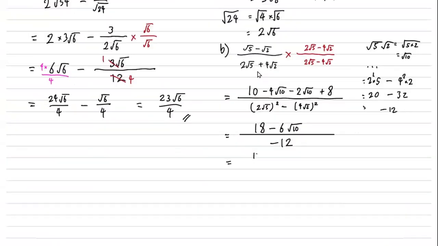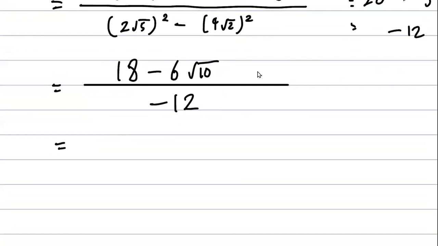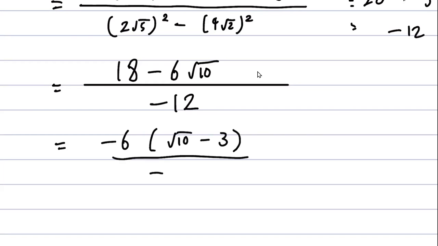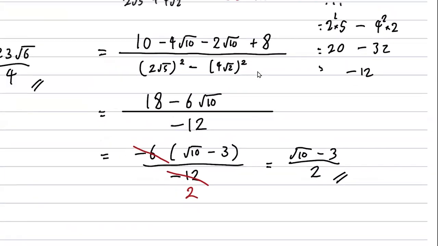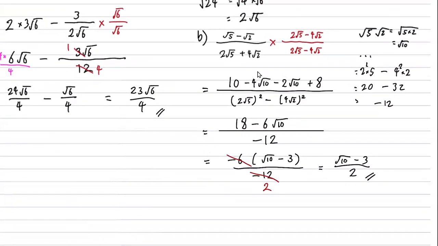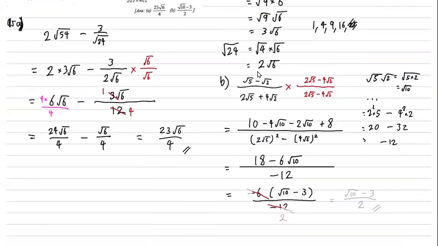Okay, I'll just have to factor out a negative 6 from all of them. So this one becomes a positive square root 10, and this becomes a negative 3. Divide by negative 12. Cancel off, become positive 2, and we get our answer: root 10 minus 3 over 2. Okay, good. Question 5 done.